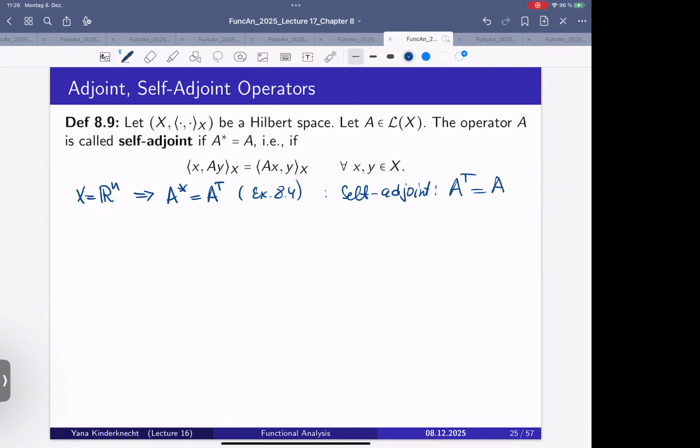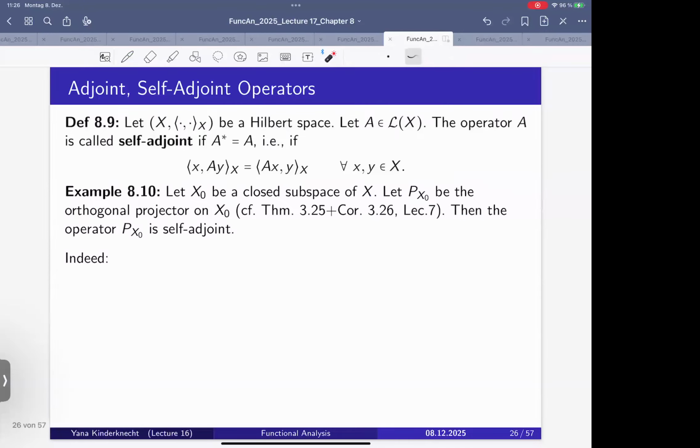Okay, these are symmetric matrices. For example, diagonal matrices. But not only diagonal, all symmetric matrices, which satisfy this property, correspond to self-adjoint operators acting in this nice Hilbert space. Perfect.